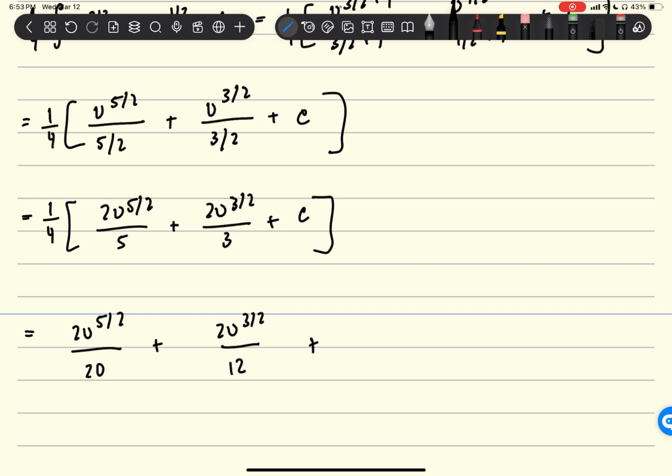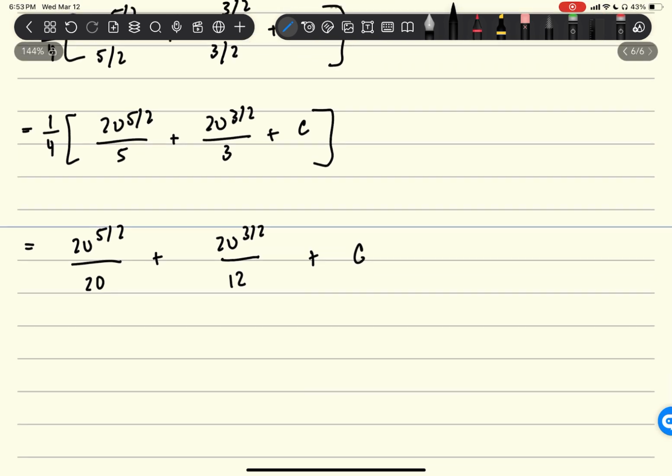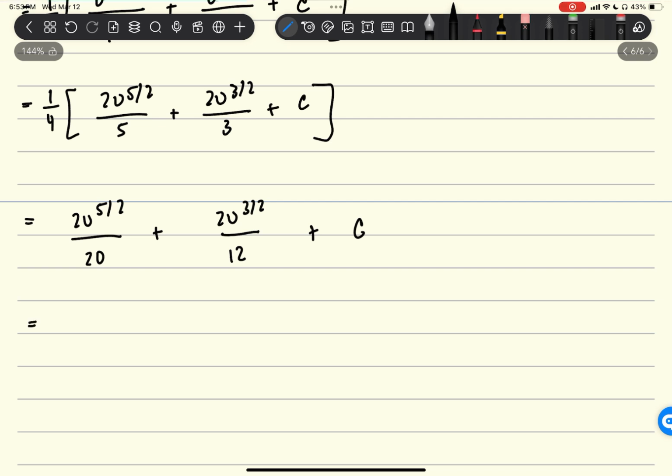And when you do 1/4 times c, which is a constant, all you get is another number, in other words, another constant. So let's simplify this expression. This is going to be equal to u to the 5 halves divided by 10 plus u to the 3 halves divided by 6 plus c.